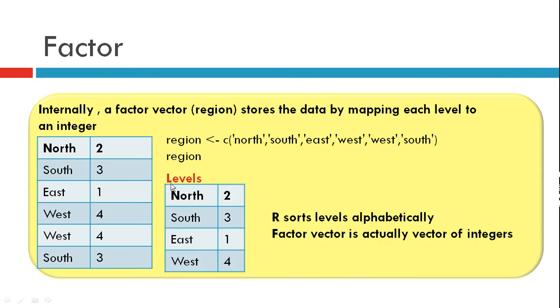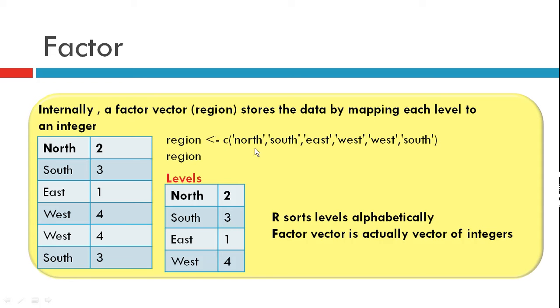Let's take for example, in this case, these are the regions. This is the region vector. In this region vector, we stored north, south, east, west, west and south. When we convert this to a factor, how can I convert region into a factor? We have a function called factor.